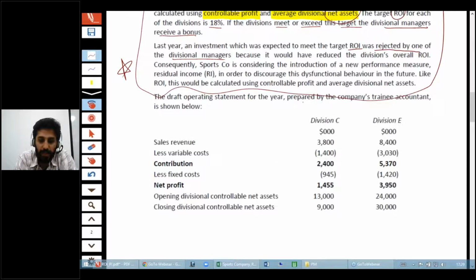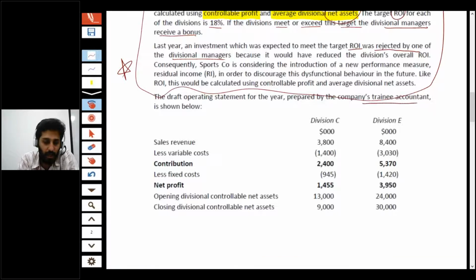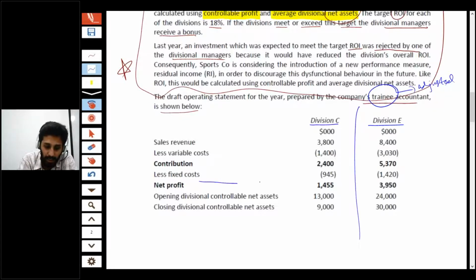Your operating statement for the year prepared by the company's trainee accountant is shown below. Obviously, when something is provided by the trainee accountant, it needs to be adjusted, because he or she is not the expert who prepared this statement. This is division C and this is division E. These are the net profits.